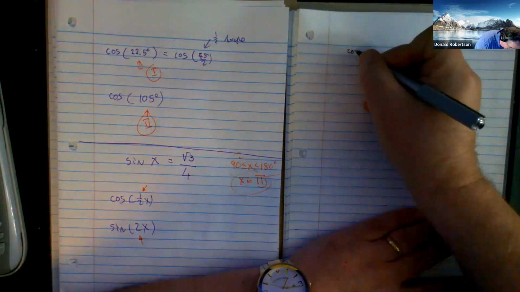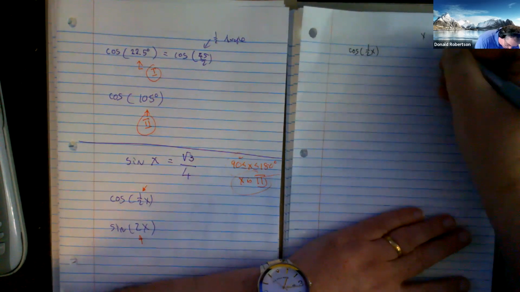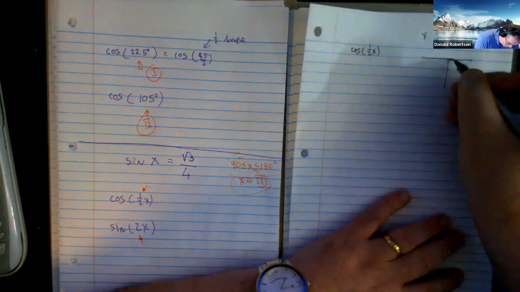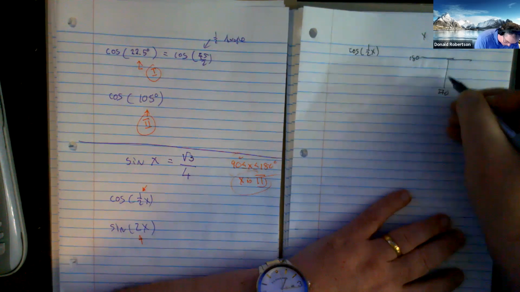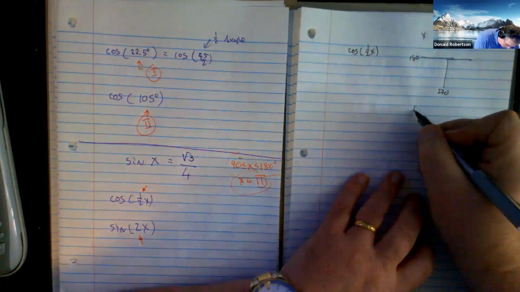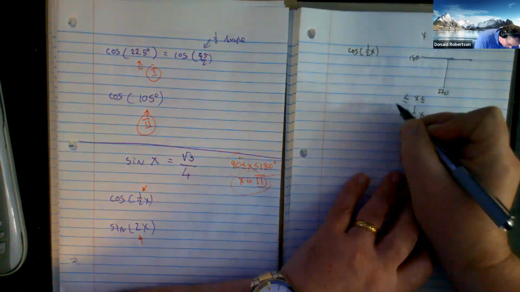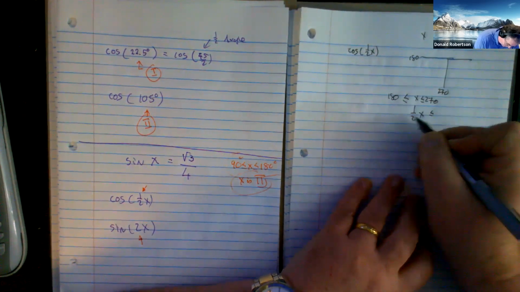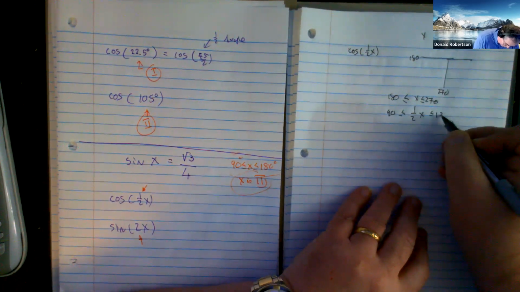Suppose I was wanting to find the cosine of half x, and I know x is in, say, the third quadrant. Well, the third quadrant is from 180 to 270. That's where x is. Then won't half x, so that's from like 180 to 270, be in the range 90 to what, 135?